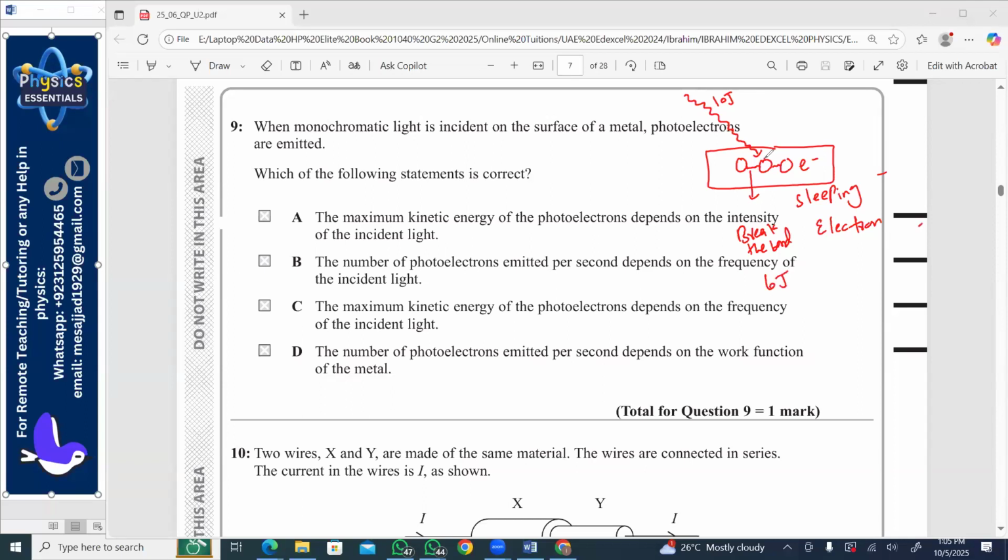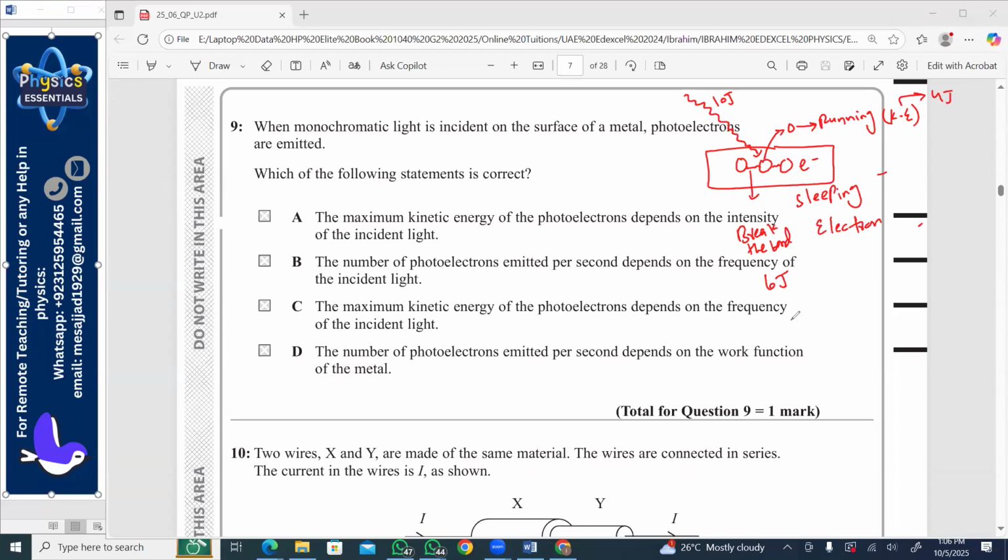Now the electron is out and it's running. So when the electron is running, it is going to have kinetic energy. Now, how much kinetic energy should it have? It should have 4 joules, because 10 joules was the total initial supply. So 6 joules has been used in breaking the bond. So the only energy left for the electron to run is just 4 joules.